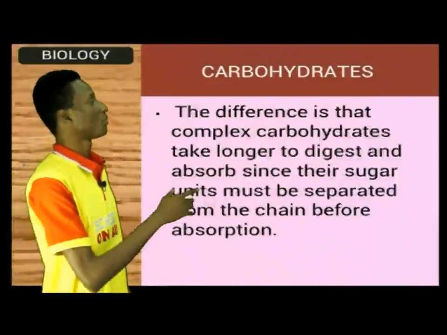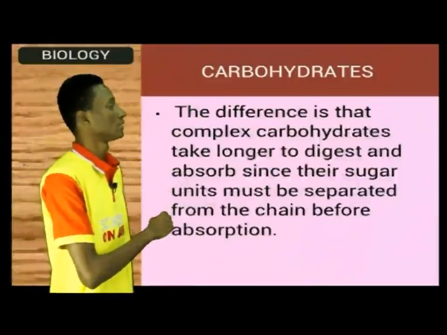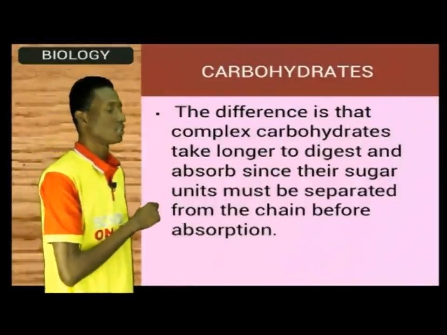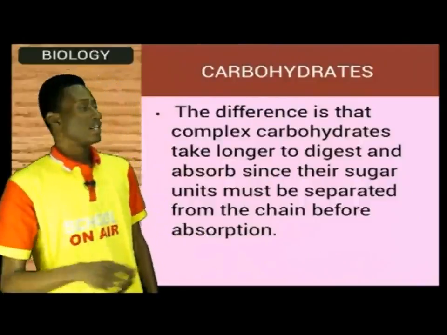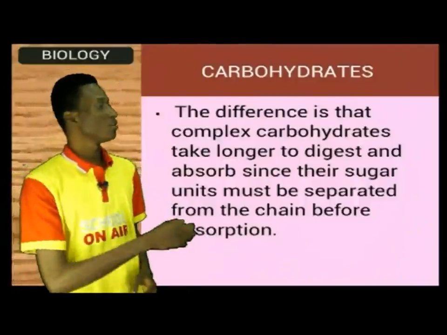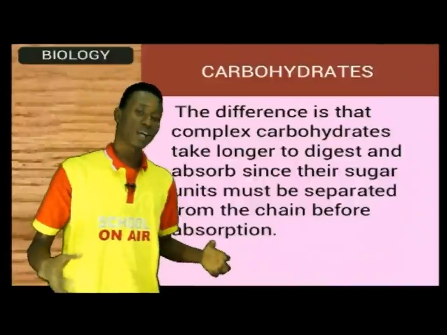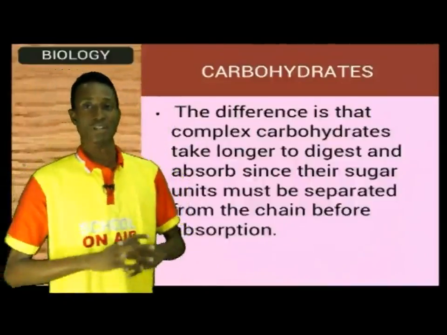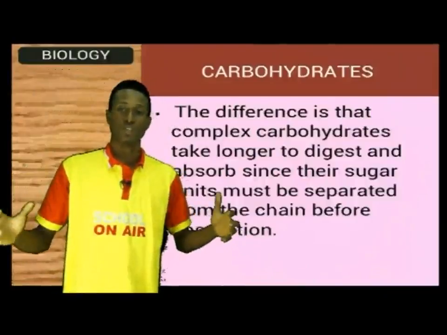Now the difference is that complex carbohydrates take longer to digest and absorb, since their sugar units must be separated from the chain before absorption. Now what this statement means is that when you consume a complex carbohydrate, it takes longer to digest it. Why? Because it is a multiple branch chain sugar unit.